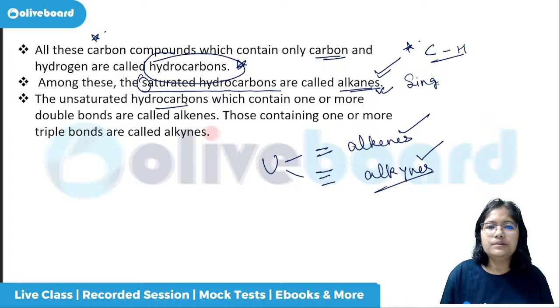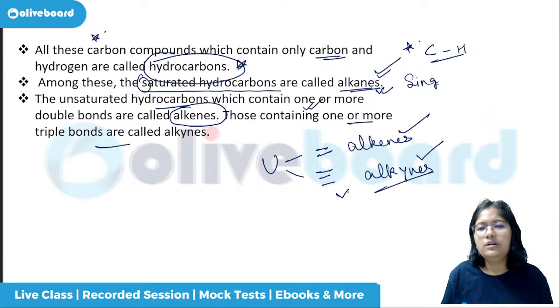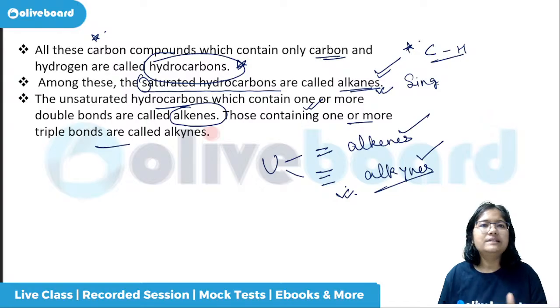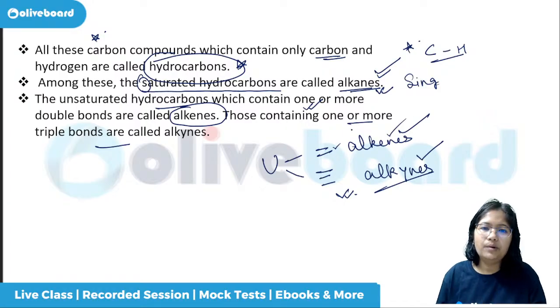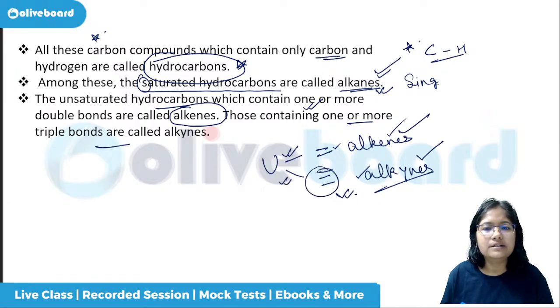Unsaturated hydrocarbons which contain one or more double bonds are called alkenes. And those with one or more triple bonds are called alkynes. So when we say alkane, they are saturated, they have the single bond. When we say alkene, they have the double bond and are unsaturated, and alkynes are also unsaturated with a triple bond.